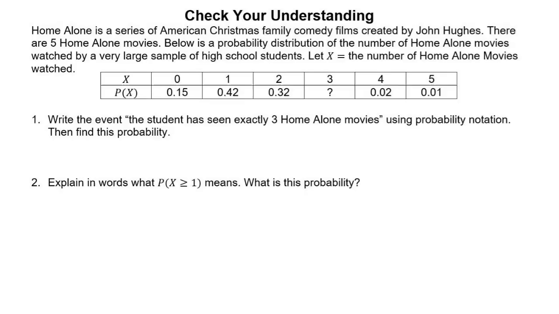Below is a probability distribution of the number of Home Alone movies watched by a very large sample of high school students. Let X equal the number of Home Alone movies watched. What's the problem with this probability distribution? I see one issue. It's missing this value here.